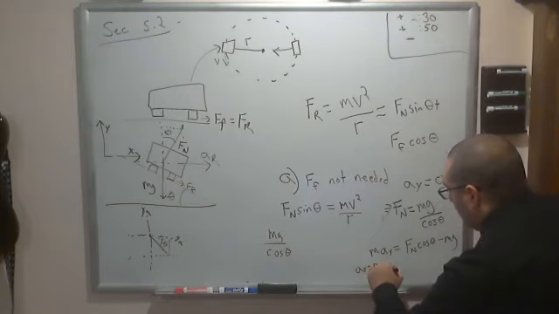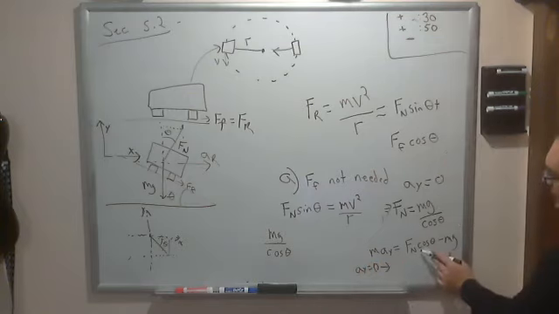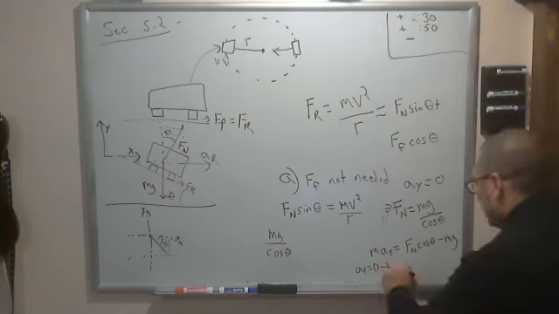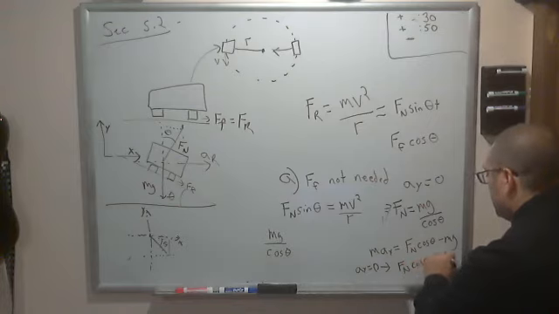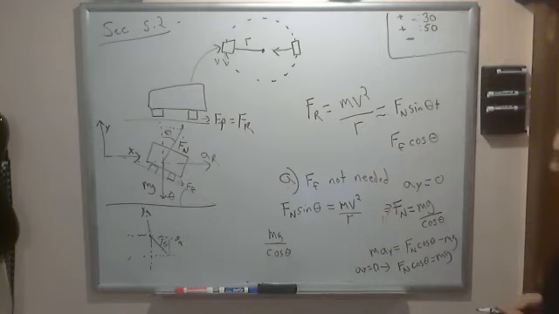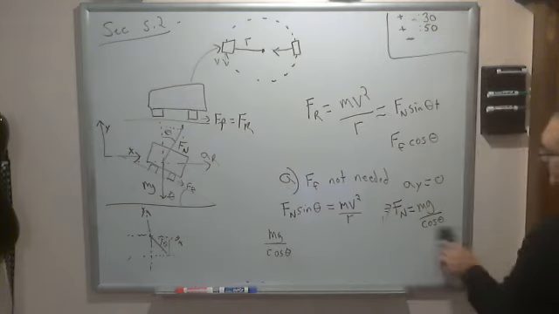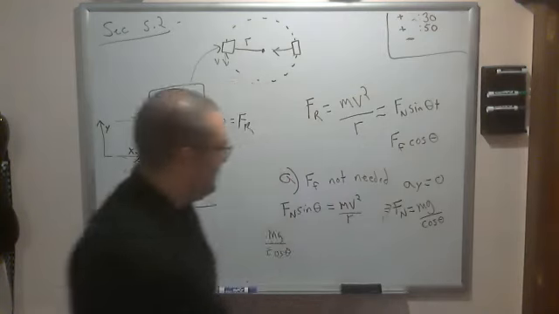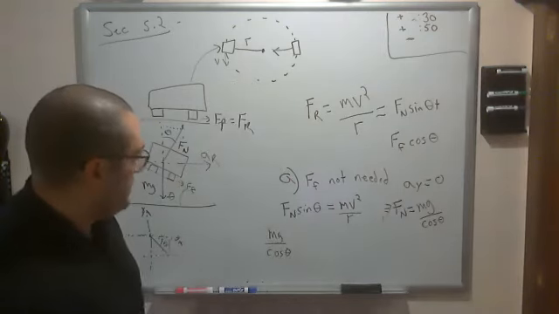And then you could just solve, you could bring this over to the other side and you get this. And then finally you get that. Okay. That's how I got Fn equals mg over cosine theta.